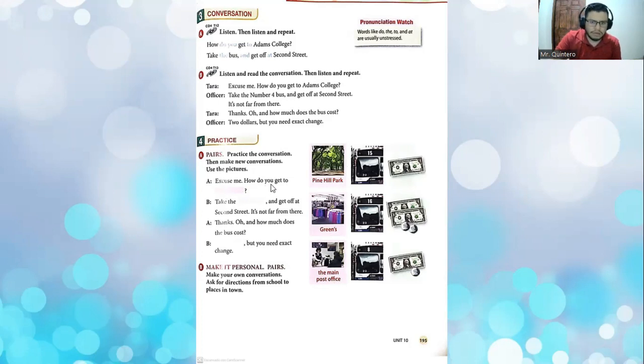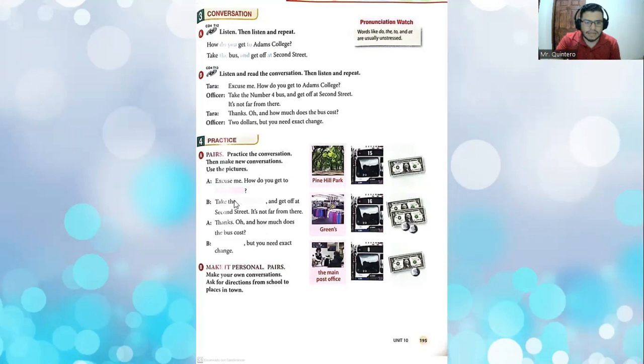Excuse me, how do you get to Pine Hill Park? Take the 15 bus and get off at 2nd Street. It's not far from there. Thanks. Oh, how much does the bus cost? $1. But you need exact change.